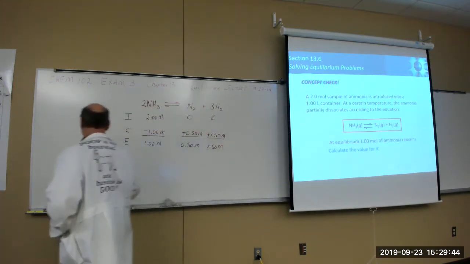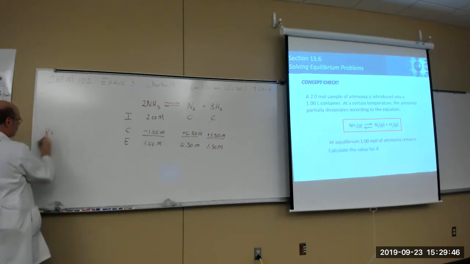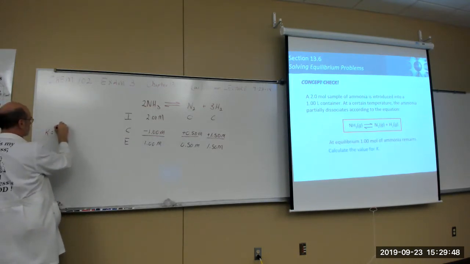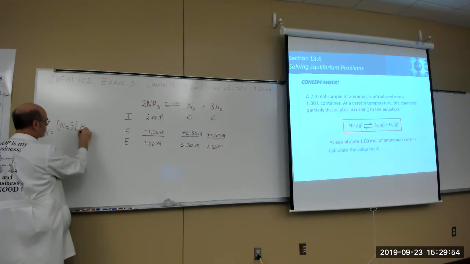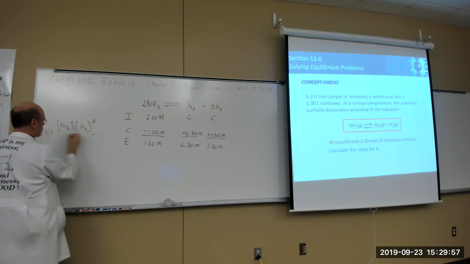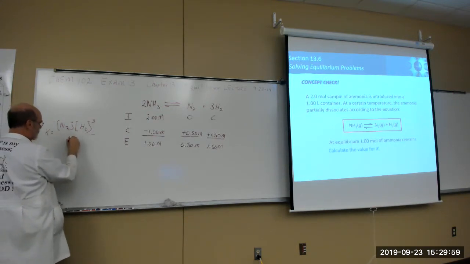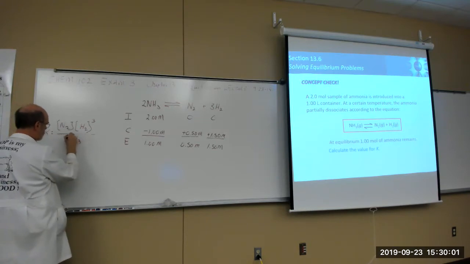Now we can determine our equilibrium concentrations and calculate our K. K is going to be the concentration of nitrogen times hydrogen cubed divided by ammonia squared.